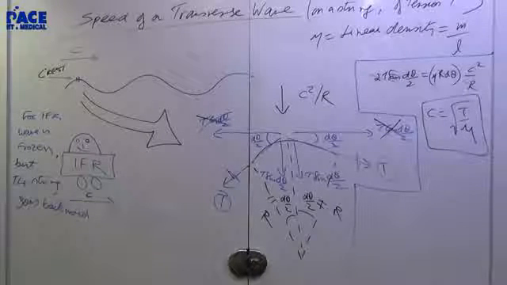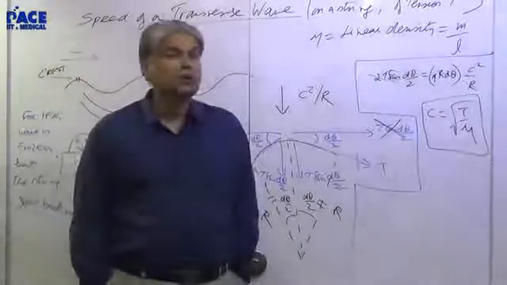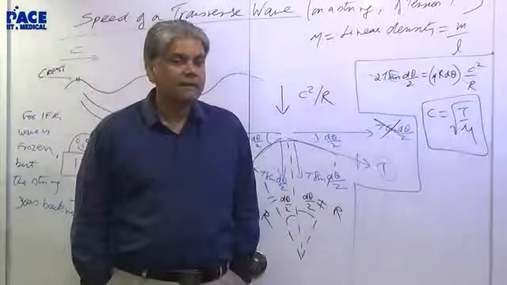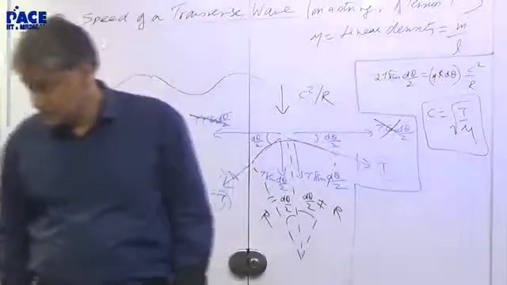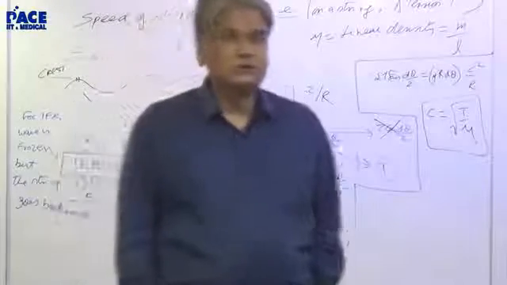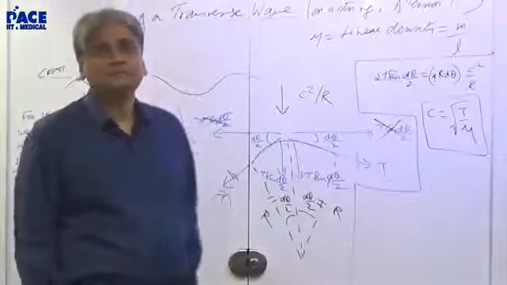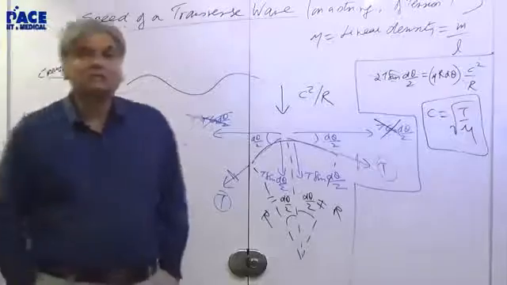Sir, can it be traveled by any other speed than c? What are you saying? If you travel by any other speed, you can't do this. That's all. So don't travel. I'm not asking what will happen.